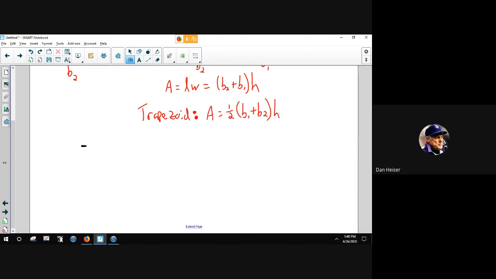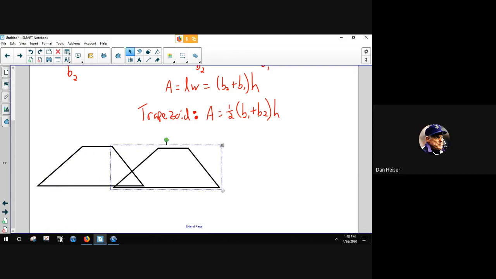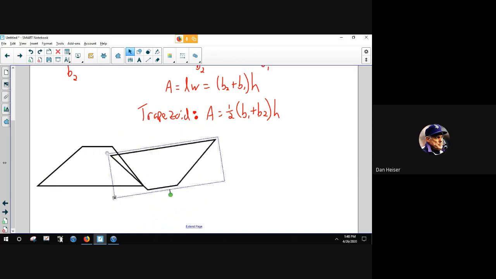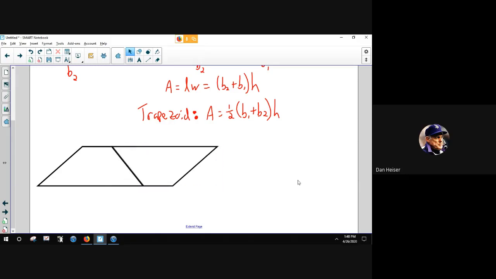That's not what I want either. Here's a trapezoid that has no right angles. So as I clone this, flip it around 180 degrees, instead of a rectangle, I will get a parallelogram.